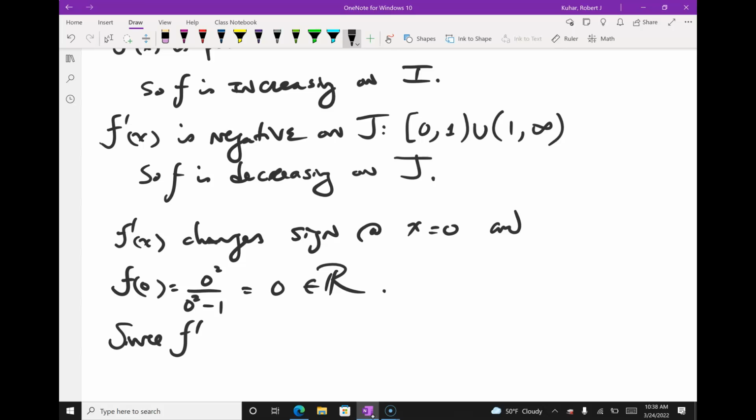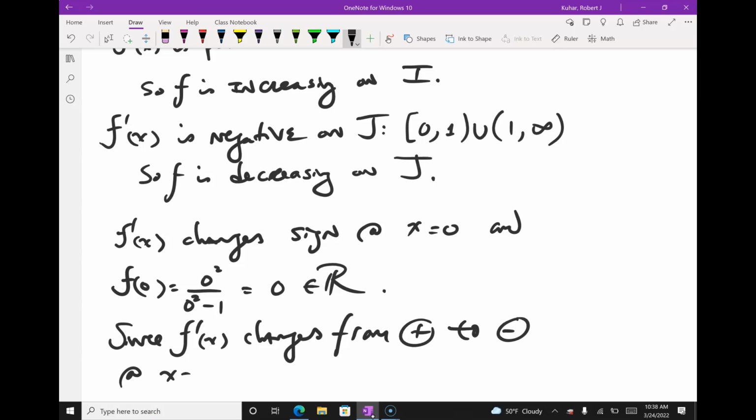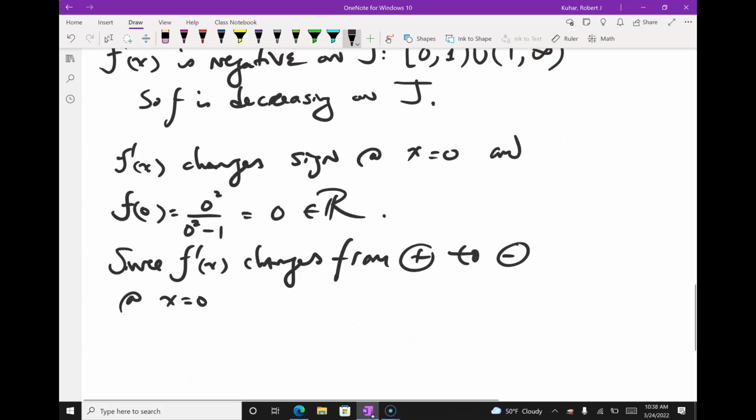Since f prime of x changes from positive to negative at x equals 0, (0, 0) is a local max. Done.